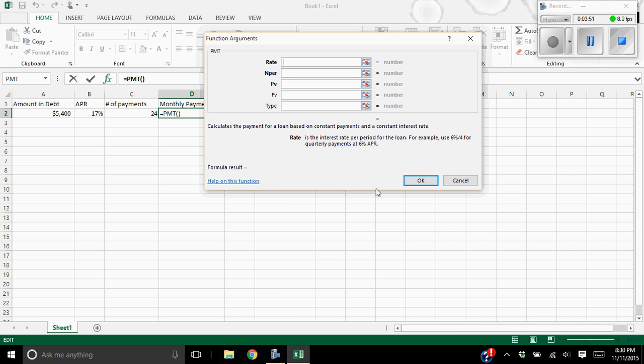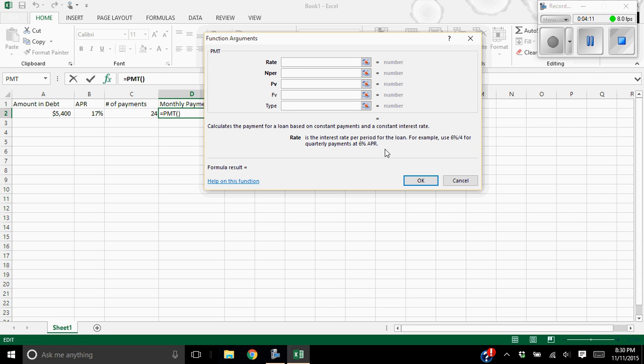First of all, we have the rate, the interest rate per period for the loan. For example, we could use 6% for 4 quarter payments at 6% APR. That's just an example that you see down here at the bottom, just helping you understand it.